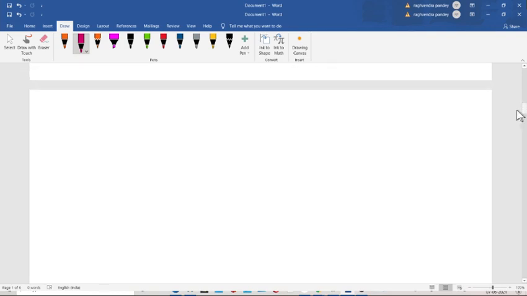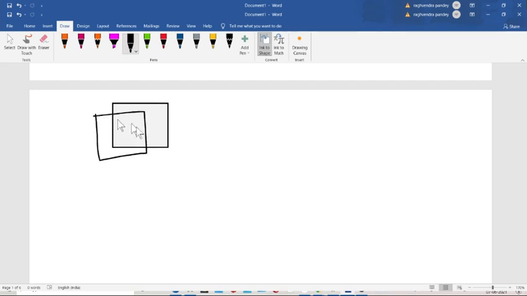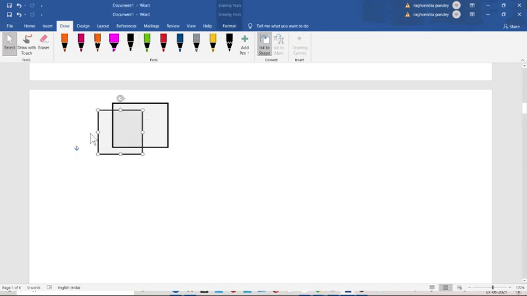So if we see the simple cube, that is basically the cube which is there.